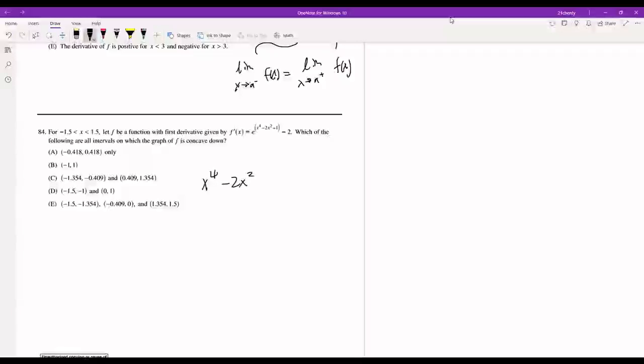Or wait. No, sorry, I'm thinking of something else. The derivative of this is just, and then we obviously have to chain rule, so 4x cubed minus 4x. Okay, so it's concave down, so this must be less than 0.